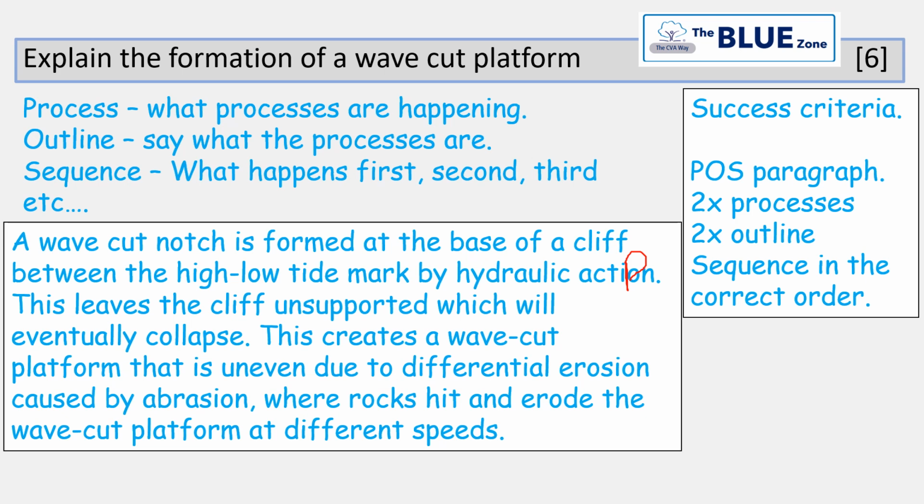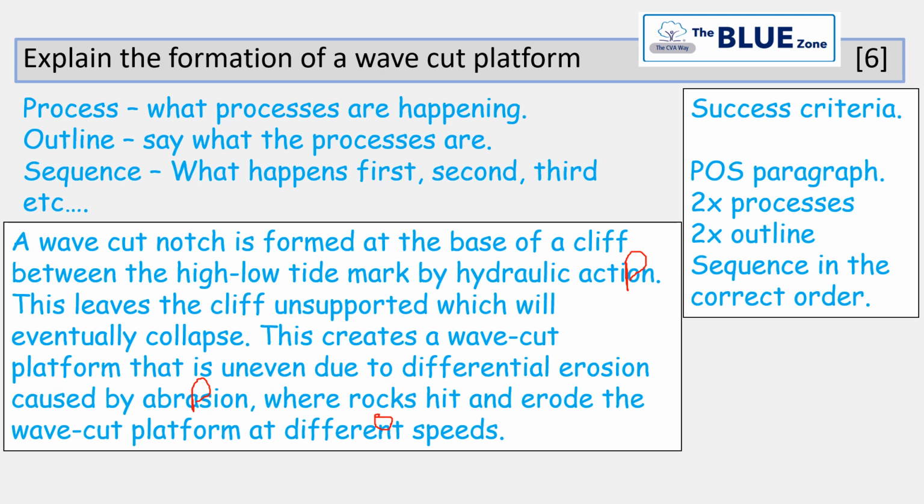This leaves the cliff unsupported, which will eventually collapse. This creates a wave cut platform that is uneven due to differential erosion caused by abrasion. Process where rocks hit and erode the wave cut platform, which means outline. So I've got my P and O there. The sequence I've got, this leaves the cliff unsupported, which eventually collapses.